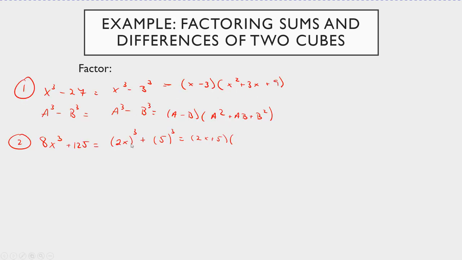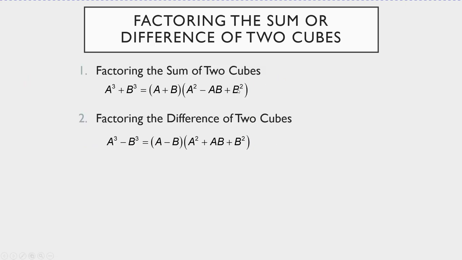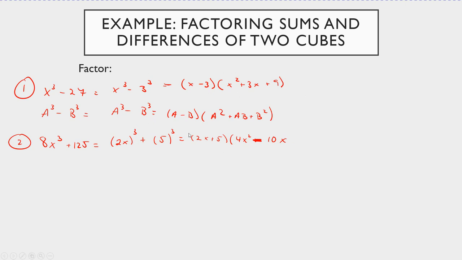So 2x squared gets me 4x squared, minus, sorry about that, a times b, so 2x times 5 gets me 10x, plus b squared, which would be 5 squared, which is plus 25. And we got it. These are just following the formulas.